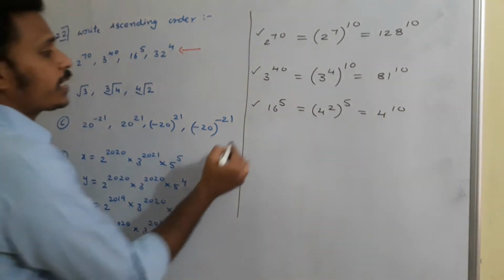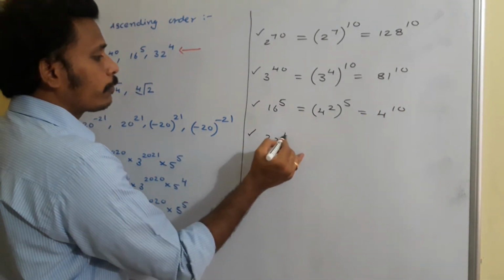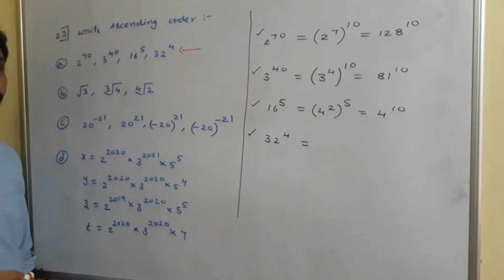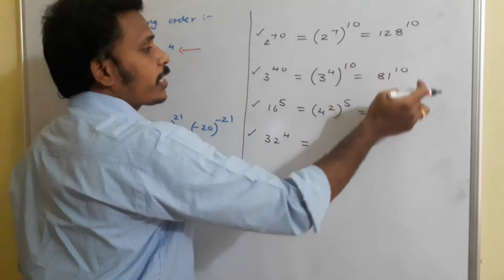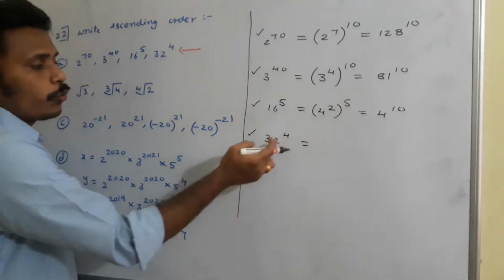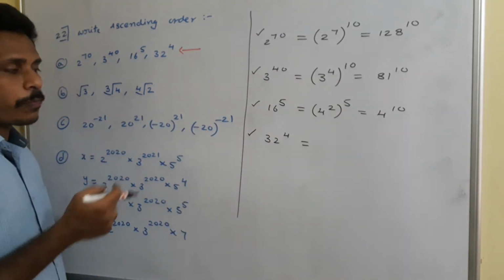And the next thing is 32 power 4. I have all three of the others with power 10, so I need to rewrite this one also with power 10.